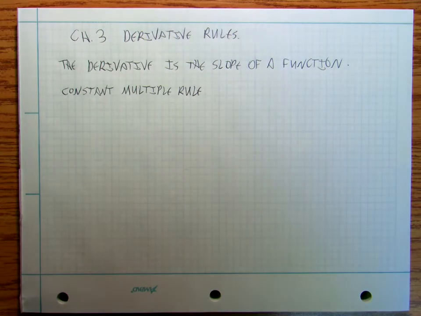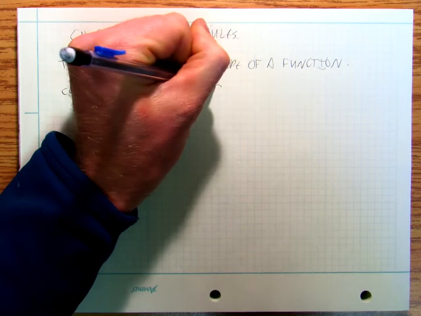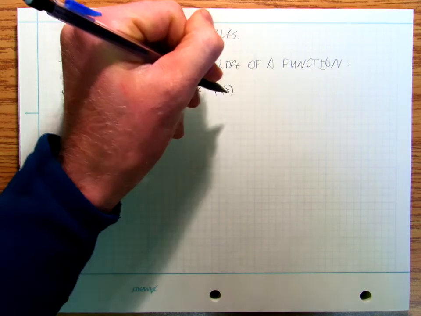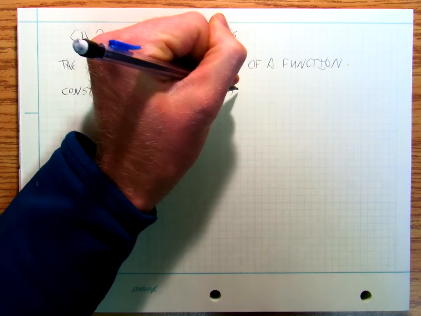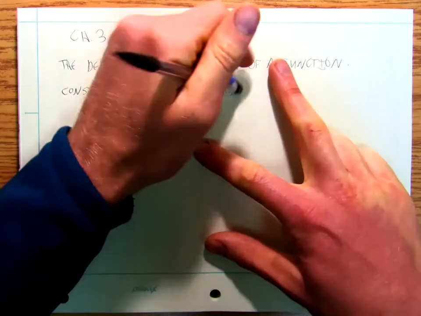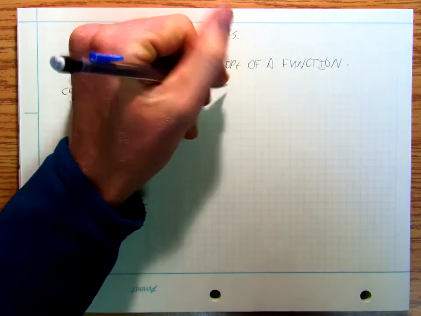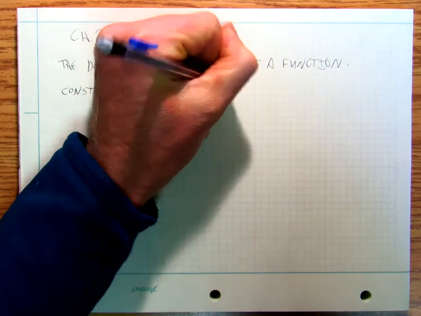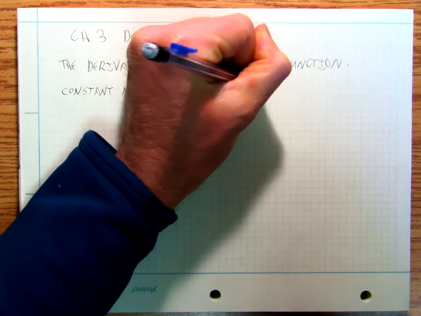Okay, so the constant multiple rule basically says that if you have some function, let's say this. This is going to be confusing, but that's fine. g of x is equal to a times f of x.